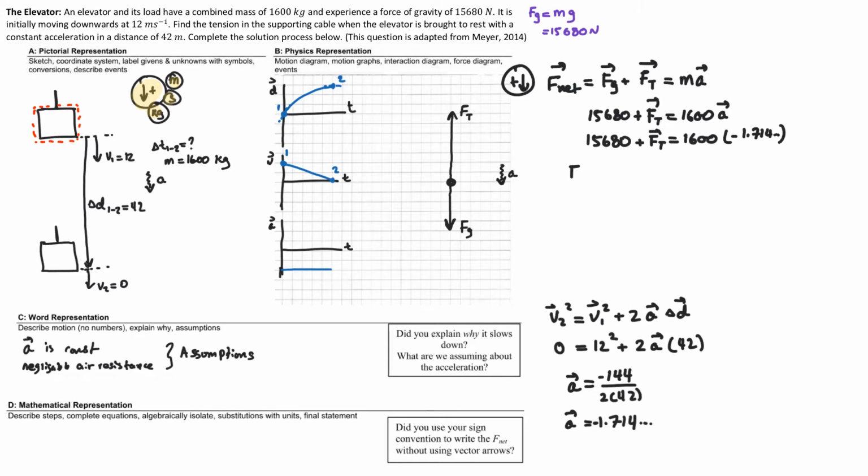So I'm going to get Ft is equal to 1600 times the acceleration value that I just found, and that's negative 2742.8, minus, because I'm moving this into the other direction, 15680.